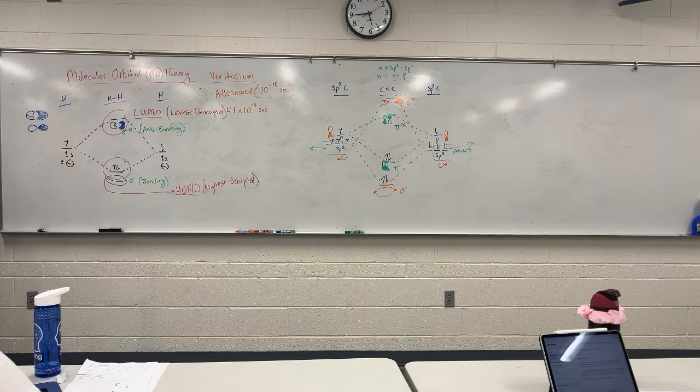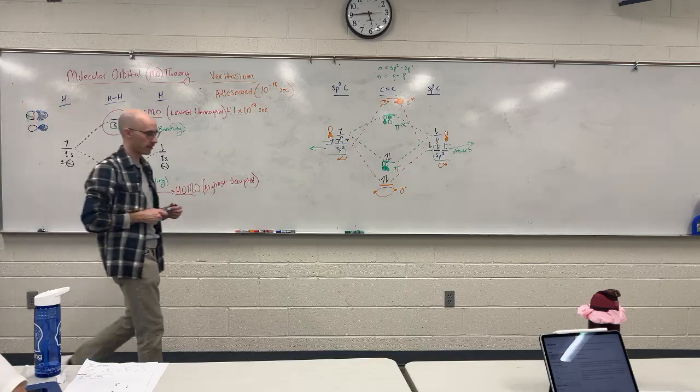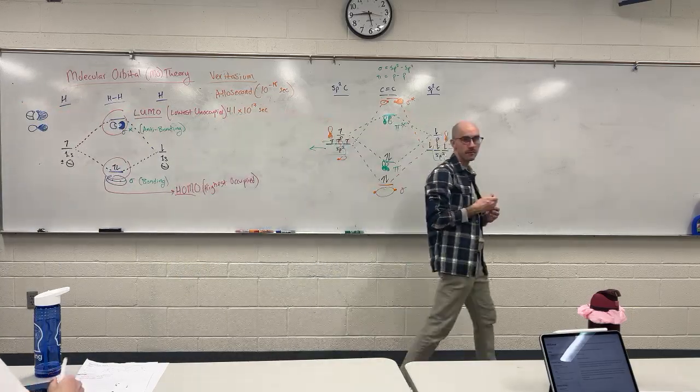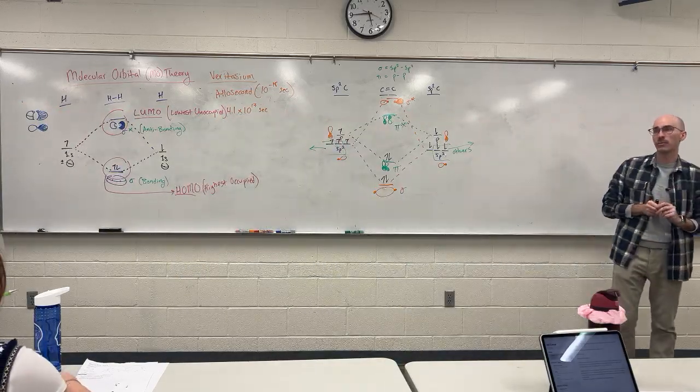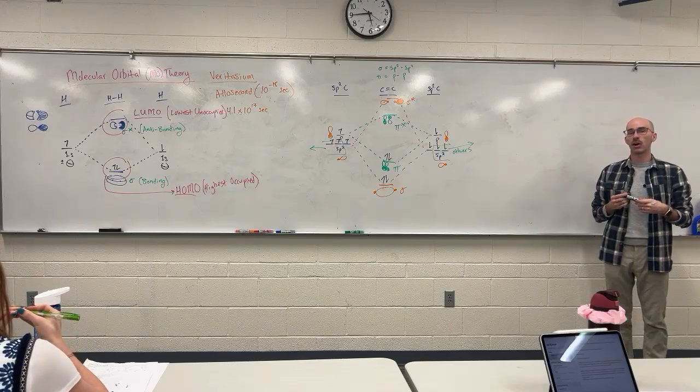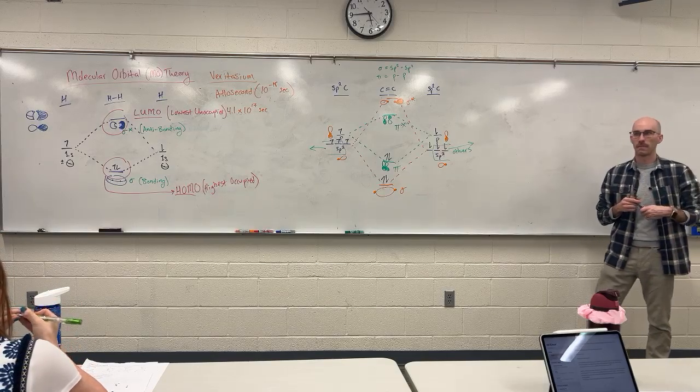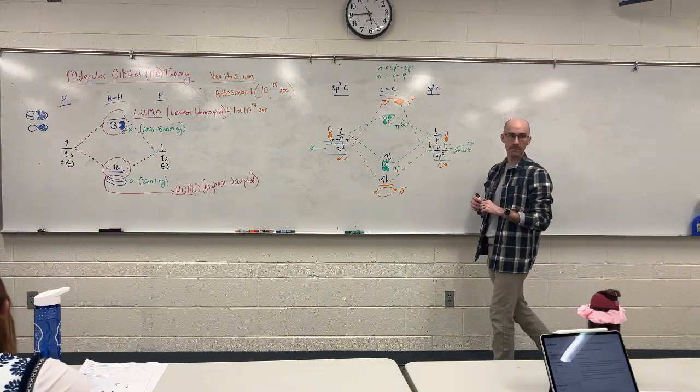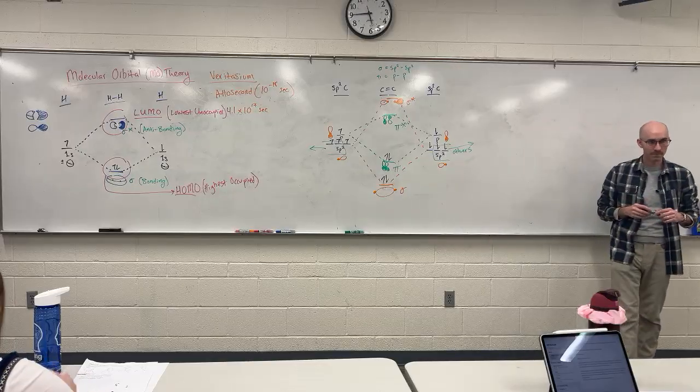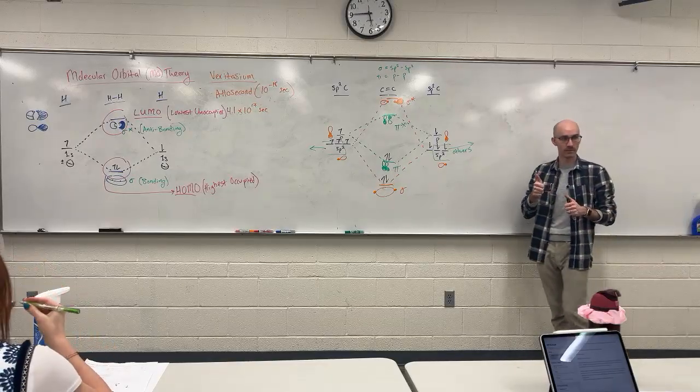Now using these names, sigma, pi, pi star, sigma star, by a raise of hands, who can tell me which of these orbitals is the HOMO? Use the name. Sigma is the HOMO.